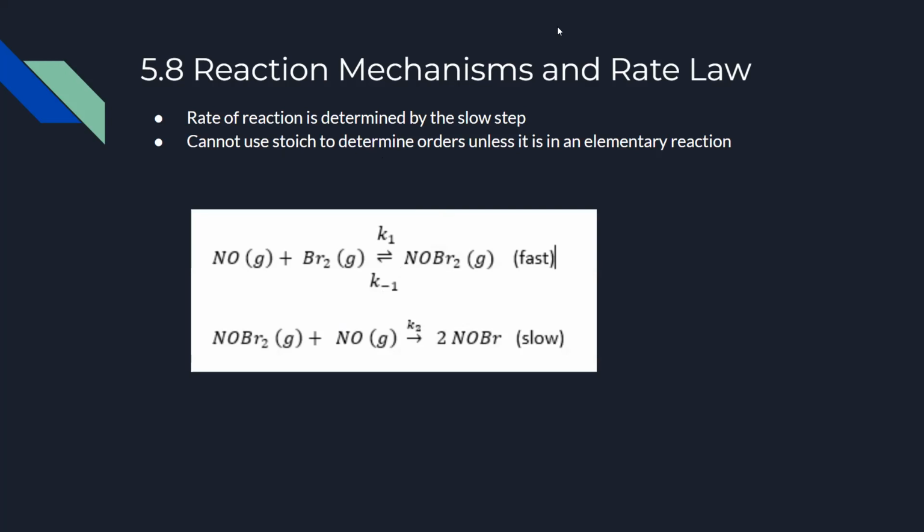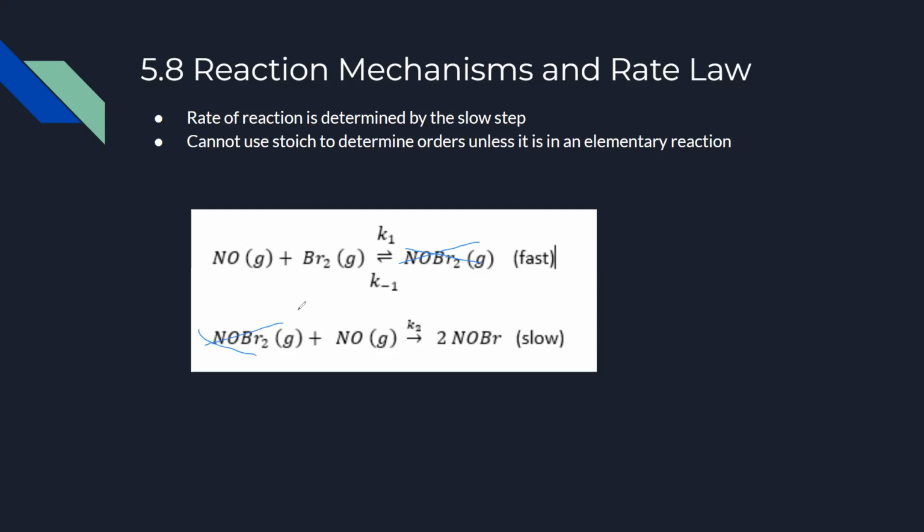So let's try finding the rate law for this reaction. What you have is NO and Br2 makes NOBr2 for the fast step, and you have this as the slow step. As you have NO and Br2 makes NOBr2, you can just take out the NOBr2.